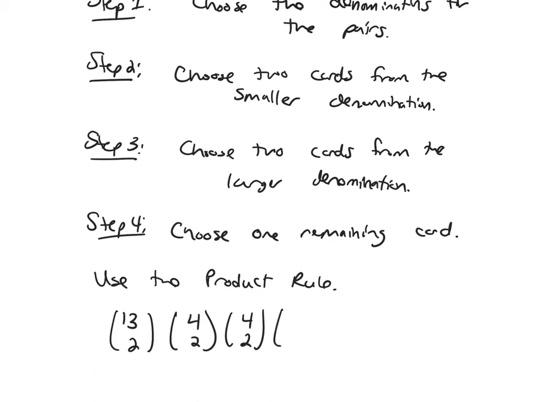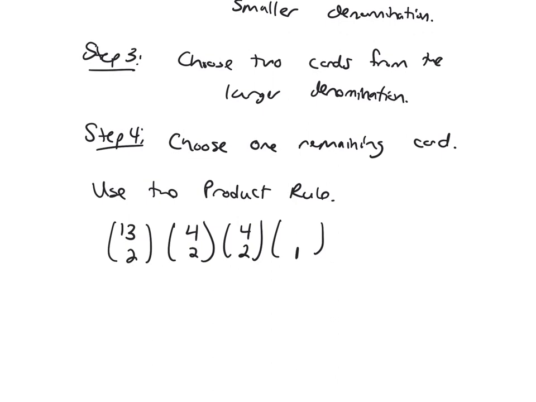And then I have 1 card to pick, but how many options do I have for that remaining card? I can't pick any of the denominations that were already chosen. There are 8 cards that I cannot pick anymore. So 52 minus 8 would be 44.